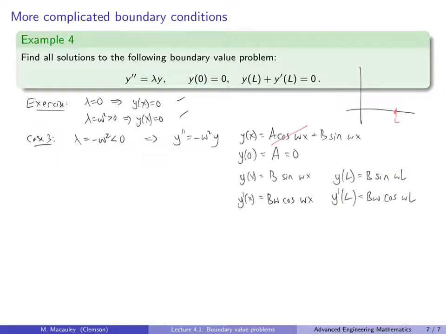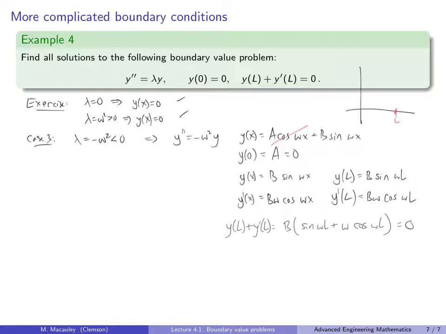So we have to add these up and get 0. So y of L plus y prime of L equals, I can factor out a b times sine of omega L plus omega cosine of omega L, and that has to be equal to 0. So b could be 0, in which case we get nothing new, so let's ignore that case. So otherwise, this guy is equal to 0. If that's equal to 0, what does that tell us?